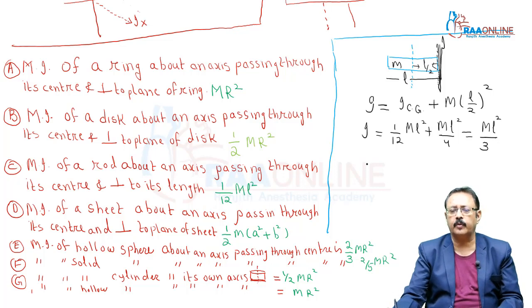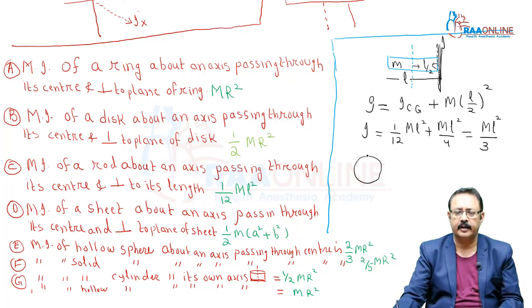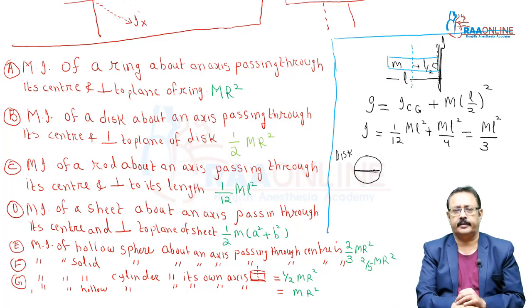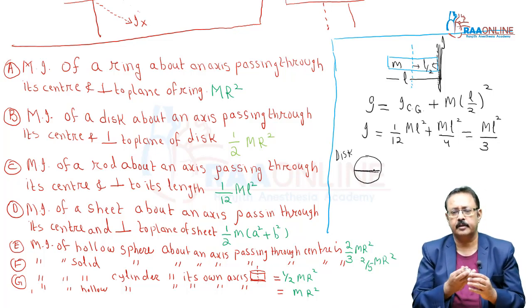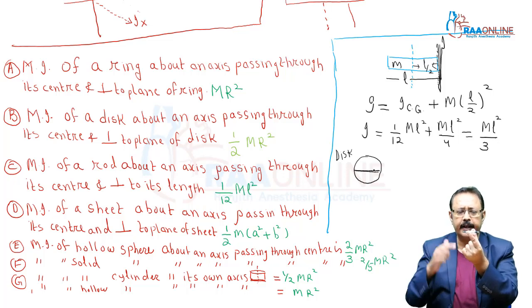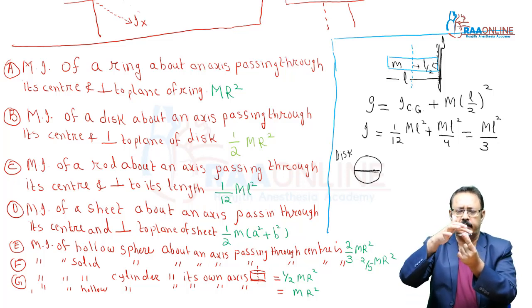Suppose you want to calculate the moment of inertia of a disk about its diameter. We know that, suppose it is a disk. Take any diameter.